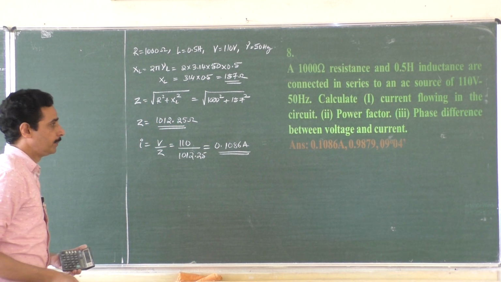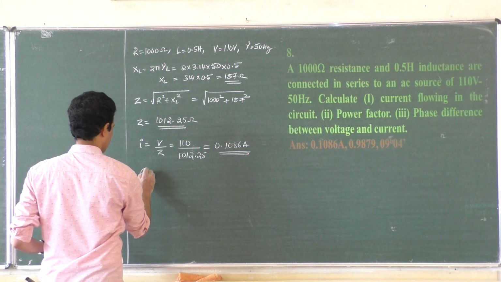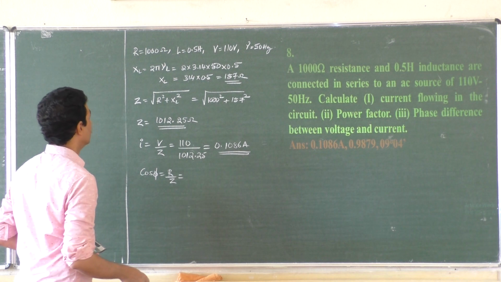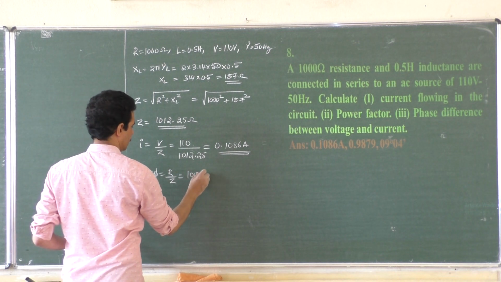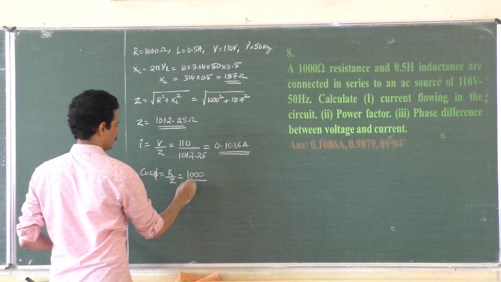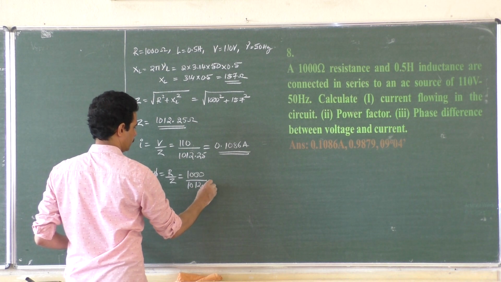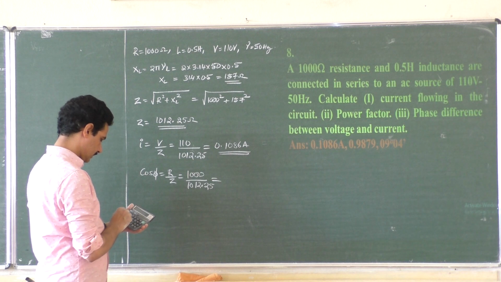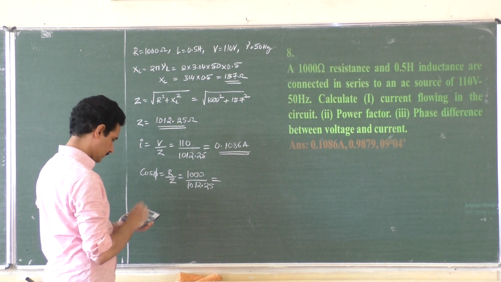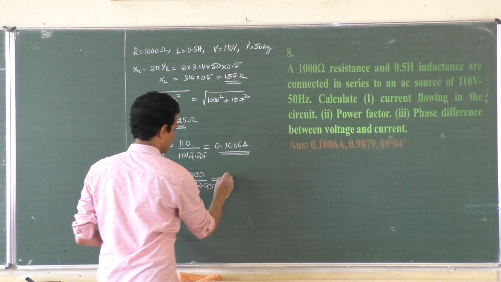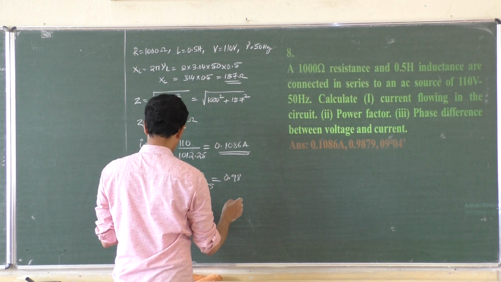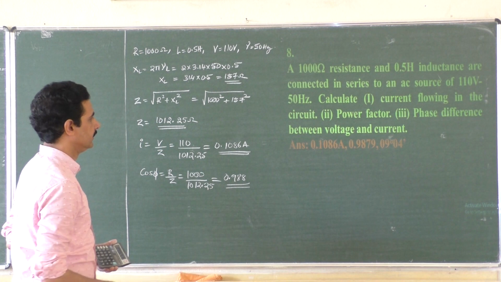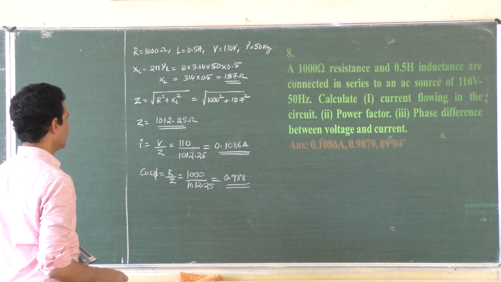Then power factor cos phi is equal to R by Z, which is 1000 divided by 1012.25. That is 0.9878, so 0.988.